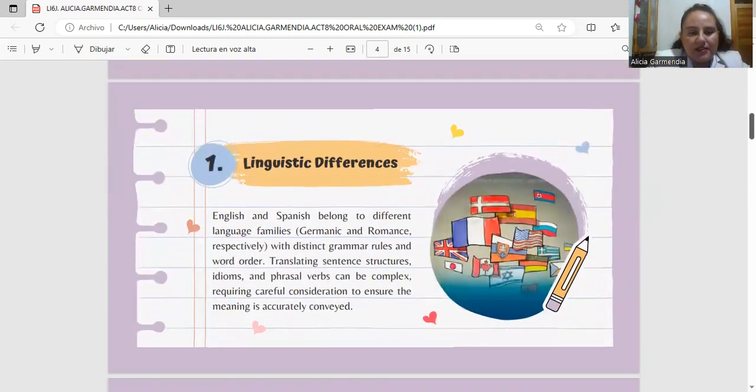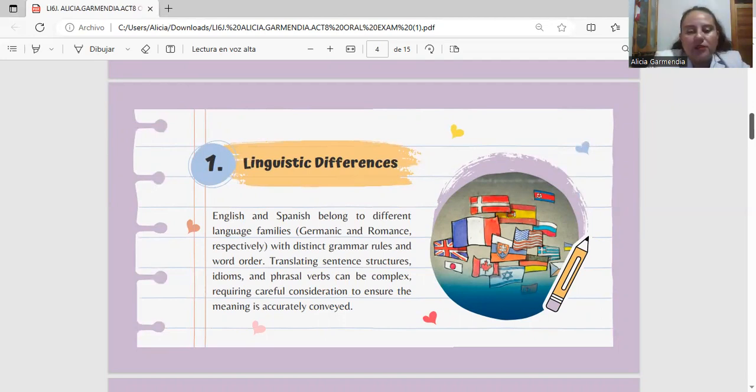About linguistic differences, English and Spanish belong to different language families, because English comes from the Germanic branch and Spanish comes from the Romance, or Latin, branch. With distinct grammar rules and word order, translating sentence structures, idioms, and phrasal verbs can be complex, requiring careful consideration to ensure the meaning is correctly conveyed.